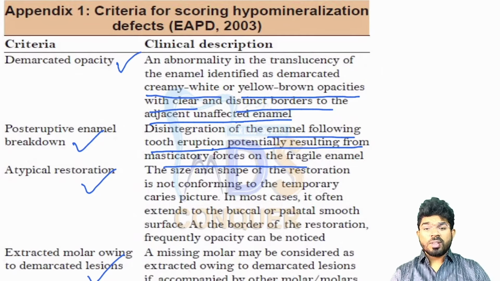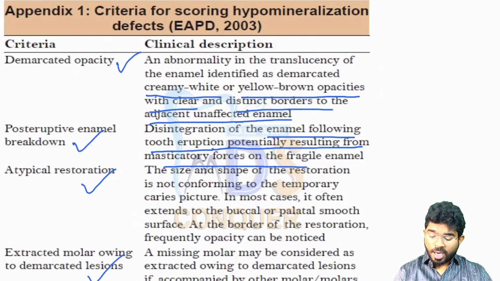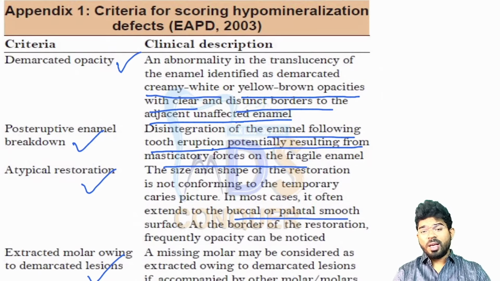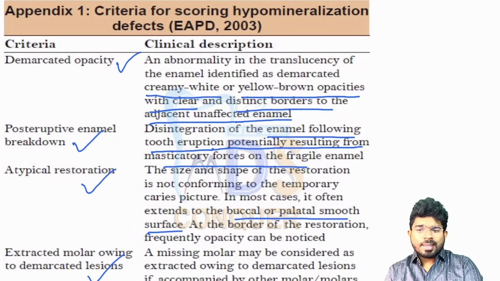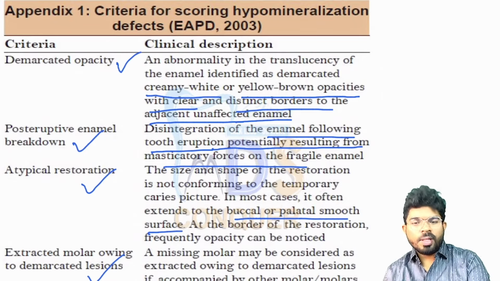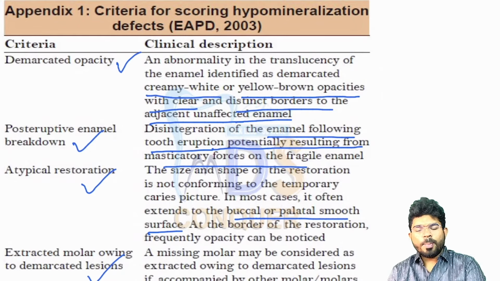Okay, in most of the cases, the extensions can be on the buccal and the palatal smooth surfaces also. Right? Normally, we don't have caries lesions or cavities which are extending mostly on the buccal and palatal. Very rarely we see this buccal extension, palatal extension in your clinical scenario in the departments also. Okay, so that is very important. When you're talking about extractions, basically due to extraction of molars or incisors, basically due to this breakdown the patient is going to give it in the form of a history.